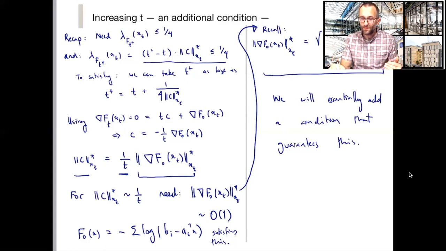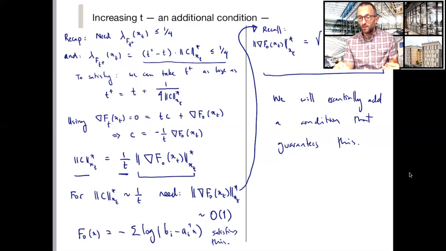The biggest that this could be is when this gradient happens to be aligned with the largest eigenvector of the inverse Hessian, which corresponds to the smallest eigenvector of the Hessian.